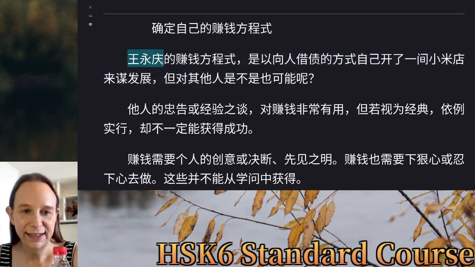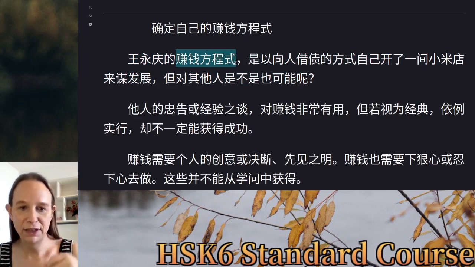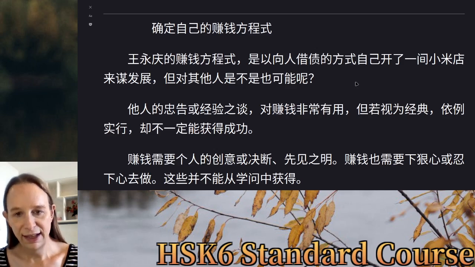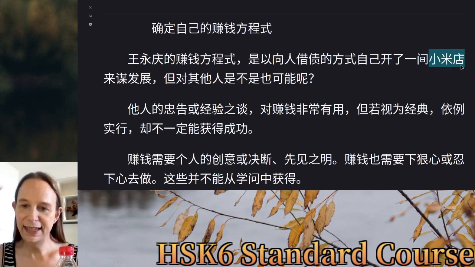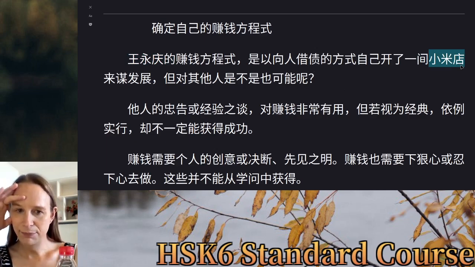王永庆的赚钱方程式是以向人借债的方式，自己开了一间小米店来谋发展，但对其他人是不是也可能呢？ So he's making money from the Xiaomi shop. So Xiaomi is the product, right?